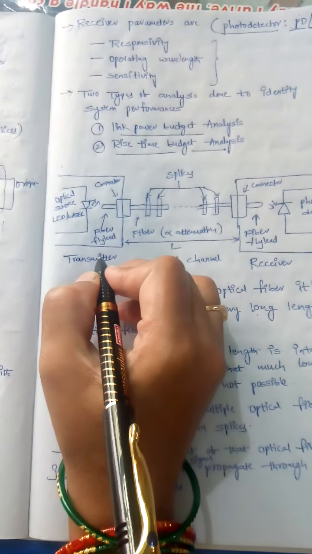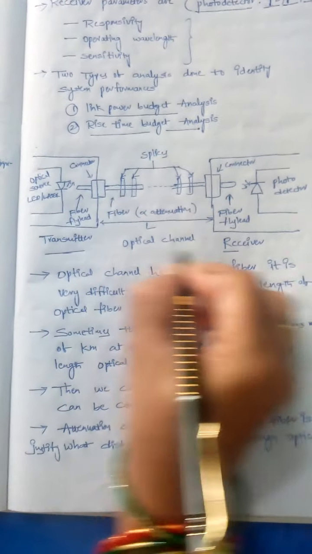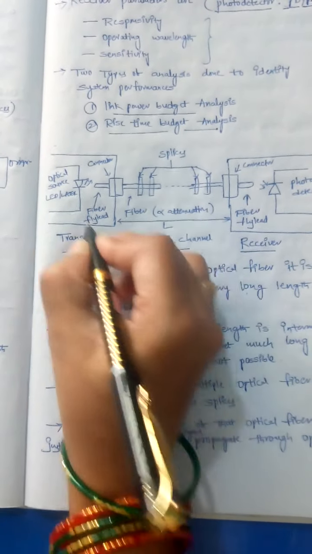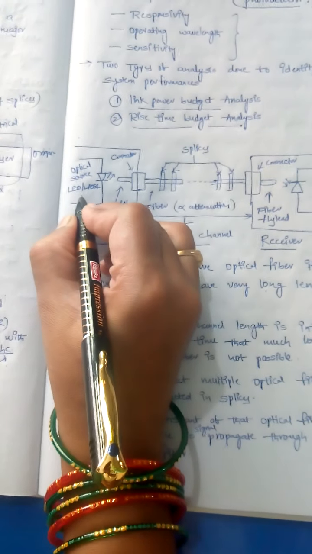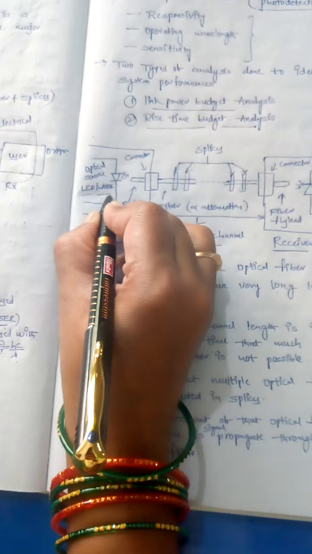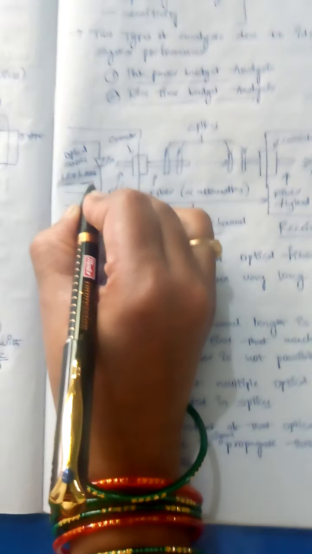Three major components are there in the point to point link: transmitter, receiver and channel. On the transmitter side, the source used is LEDs and lasers. These optical sources are LEDs and lasers.